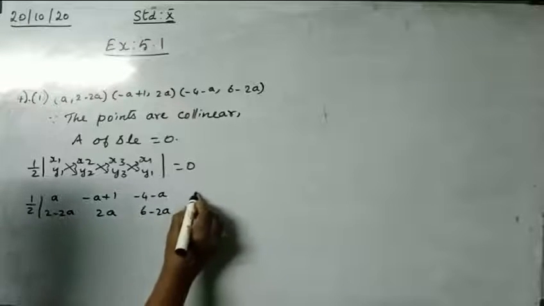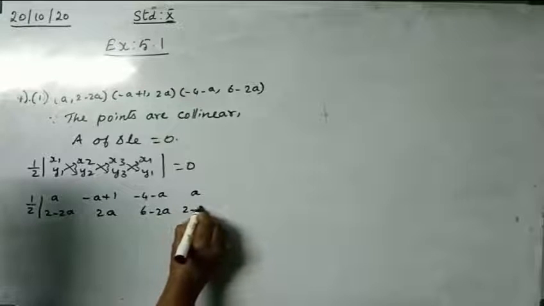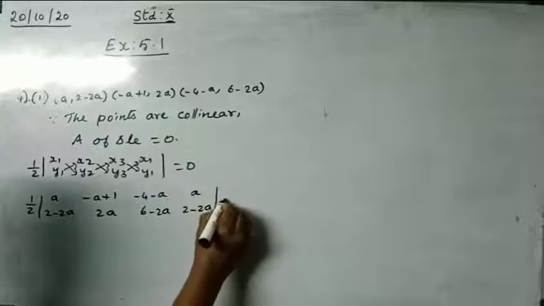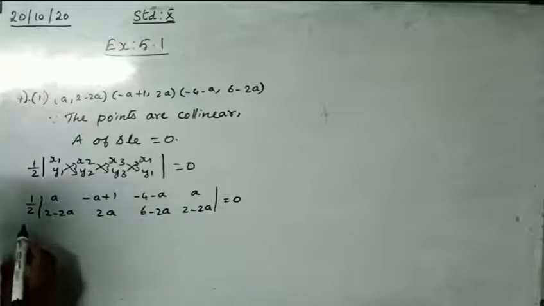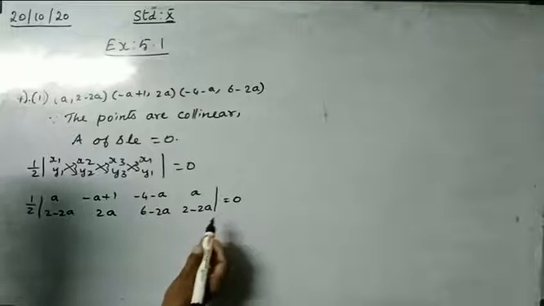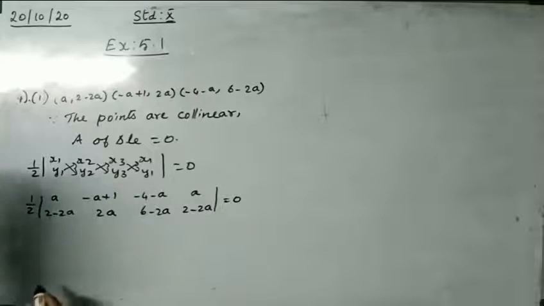Once again this first point a, 2 minus 2a. First itself you bring this number this side, so it becomes 0.